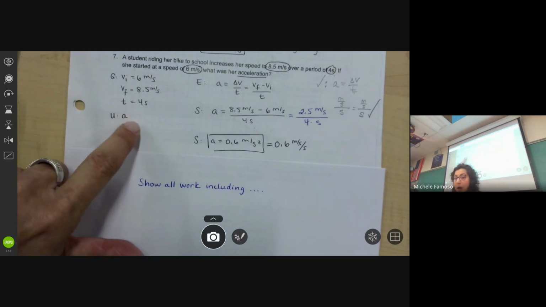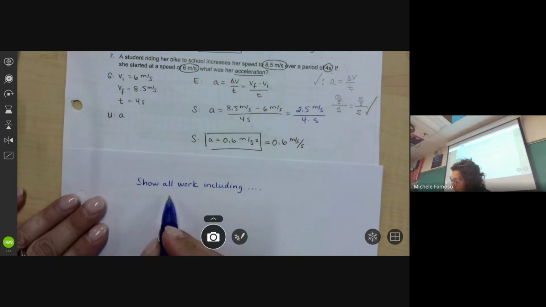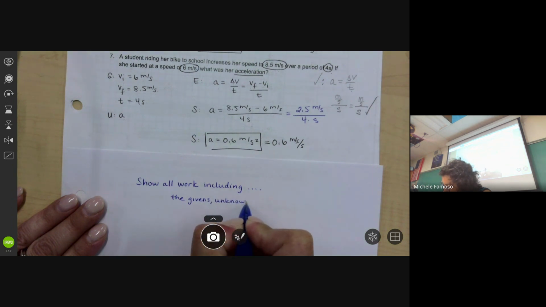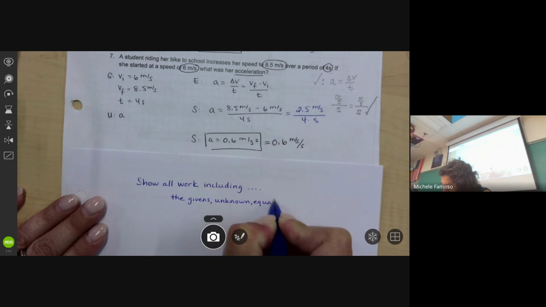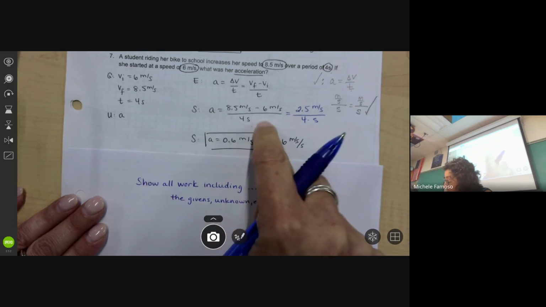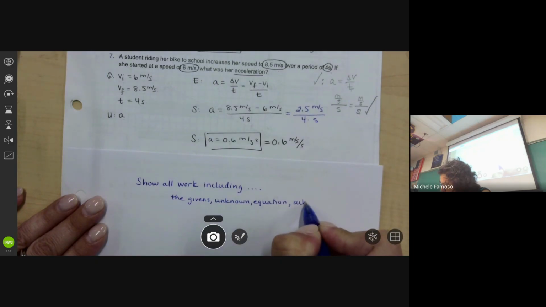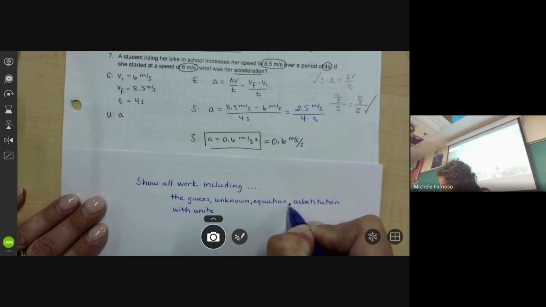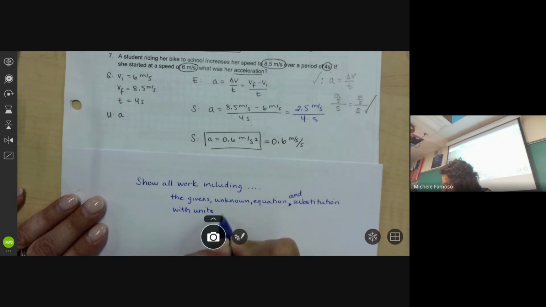So for this problem, what would it have said? It would have said, show all work, including the givens, unknown, equation, and substitution with units.